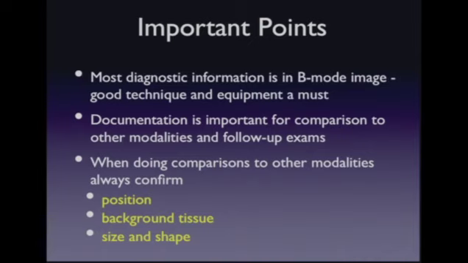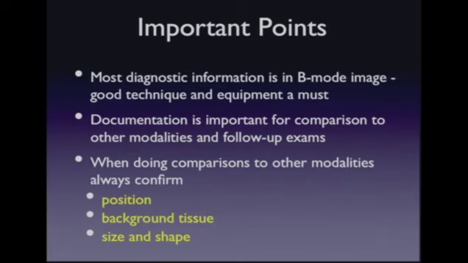Important points to remember is that the most diagnostic information is from the B-mode image. So you really want to have good technique, and good equipment is a must. Documentation is important for comparison to other modalities and follow-up examinations, as well as medical legal issues. And remember, when you're doing comparisons to other modalities, always confirm the position of the lesion and the background tissue.